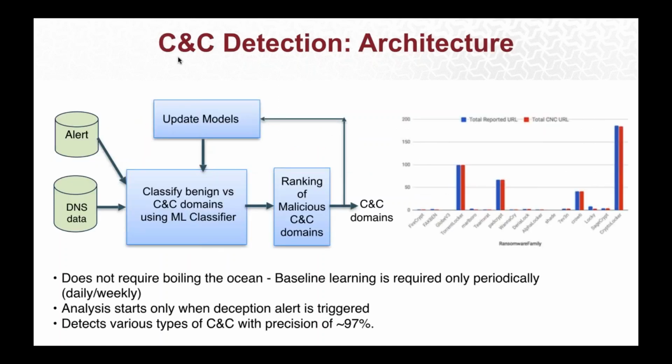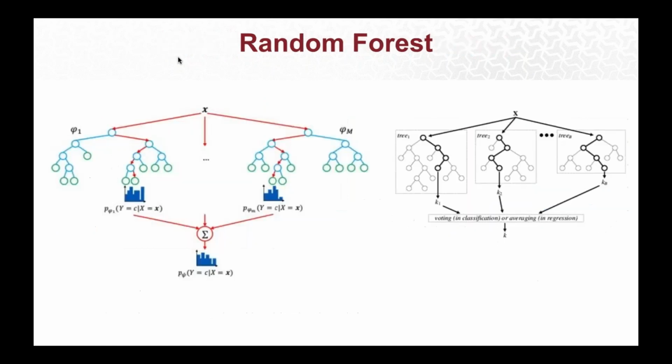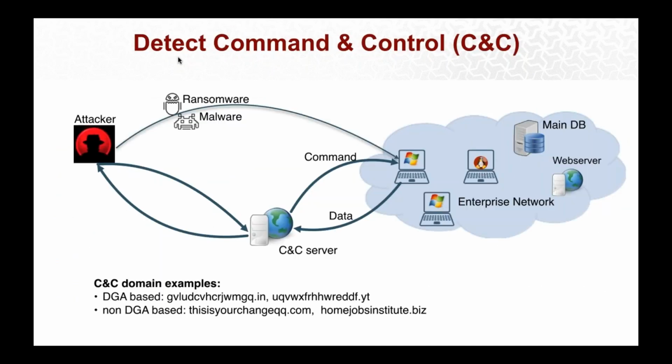So what's the data processing pipeline? The pipeline is shown over here. We have DNS data, and we may have previous alerts, so we can leverage the data from previous alerts as well. And then we train a classifier for the benign and the malicious CNC domains. I gave you some examples of CNC domains here.